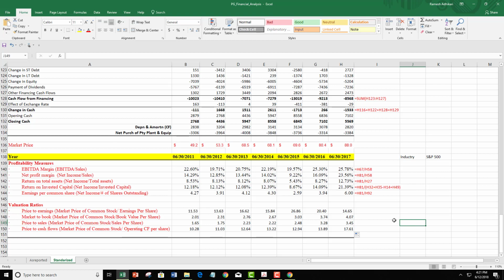You can use these industry averages and market ratios to compare with the company, and then write how the company is doing. One way to do this is to download the Zacks report that I have uploaded in Canvas, which I have already done here.